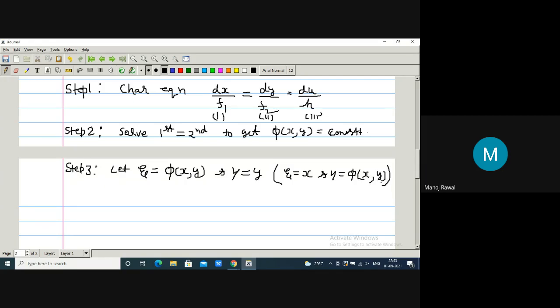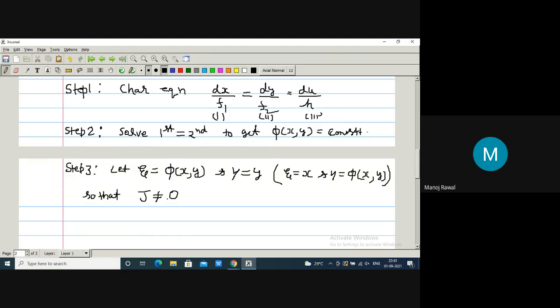I'm choosing xi and eta so that the Jacobian is not equal to 0. And if the Jacobian is not equal to 0, what can you say about xi and eta? They are going to be linearly independent, students.